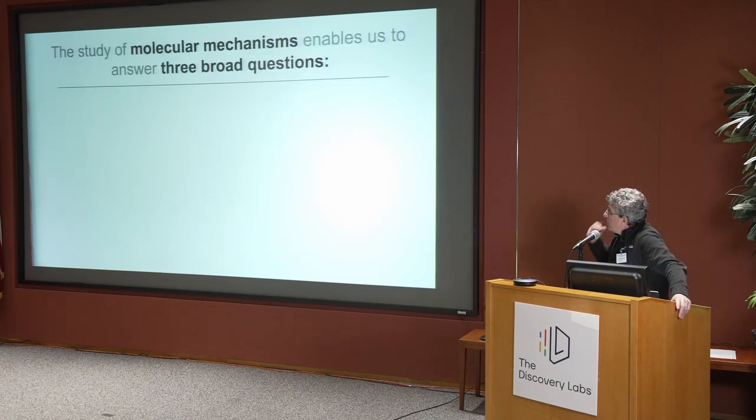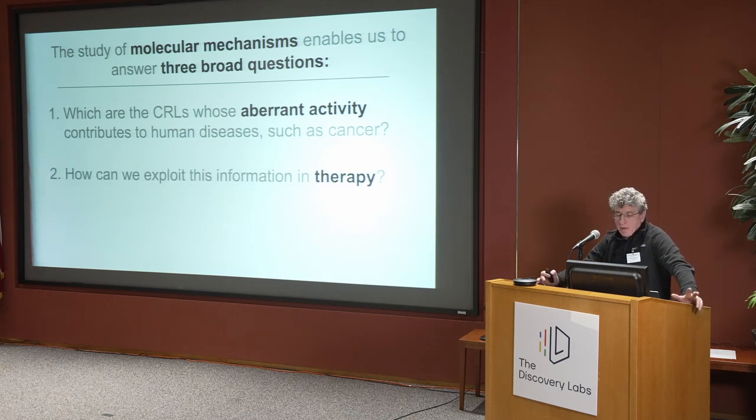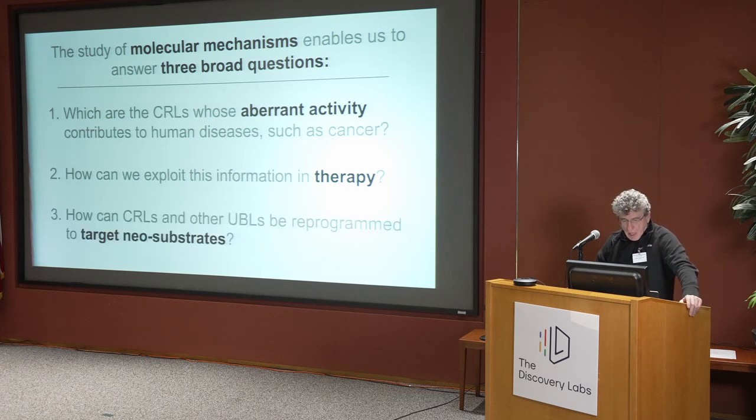And so in our lab, we are interested in molecular mechanisms, and their study allows us to answer 3 major questions. So first of all, what are the CRLs whose aberrant activity contributes to human diseases, such as cancer? How can we exploit this information in therapy? And how can CRLs and other ubiquitin ligases be reprogrammed to target new substrates?